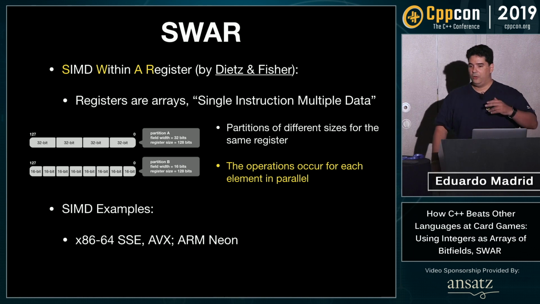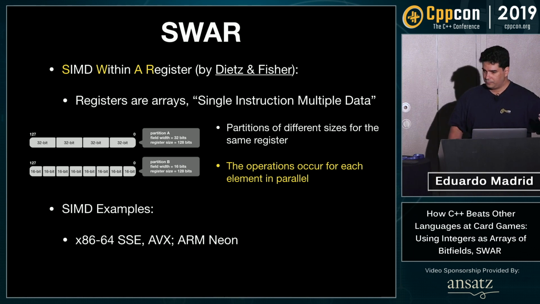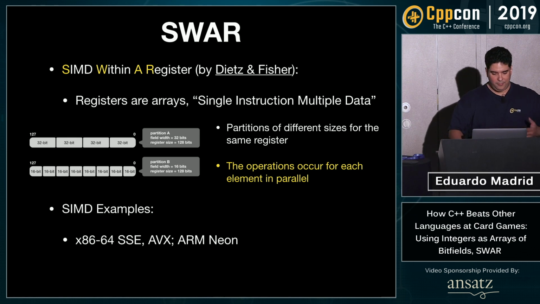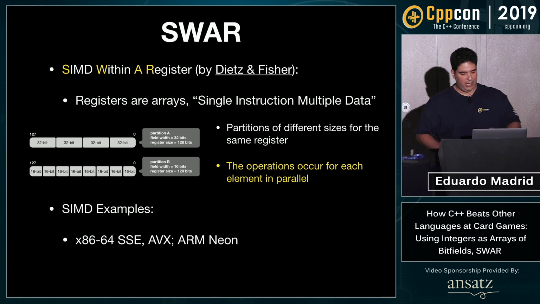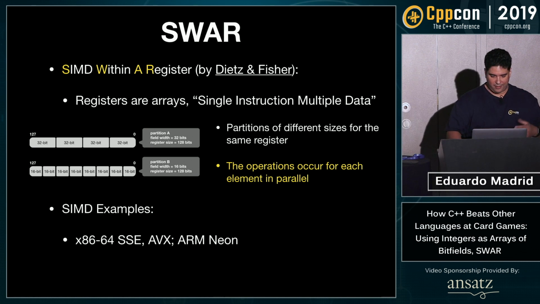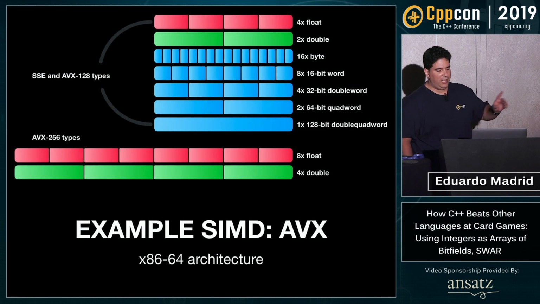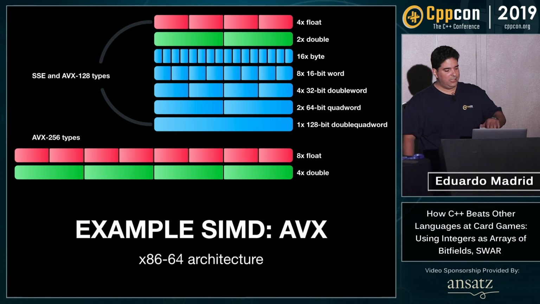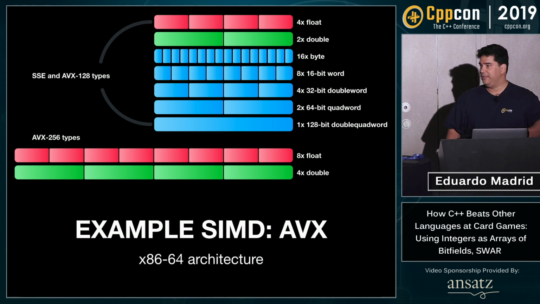Let's start by going over SIMD architectures. There are many examples, for example x86-64 AVX or ARM Neon, that are currently in vogue. Let's see one example from the times of AVX1, not AVX2, AVX1. You have here some support for 256-bit data types, which is 8 single precisions or 4 double precisions.